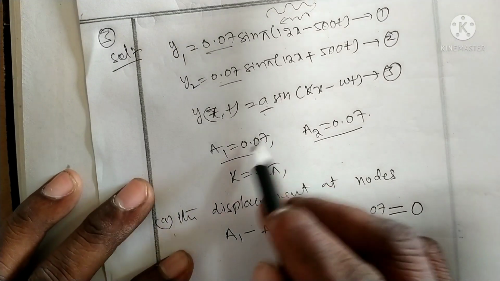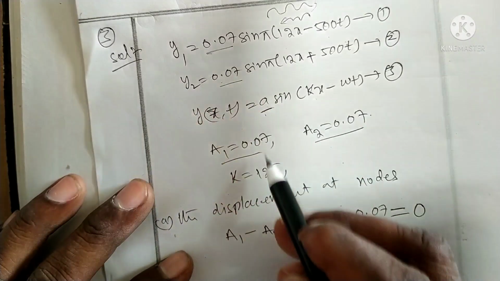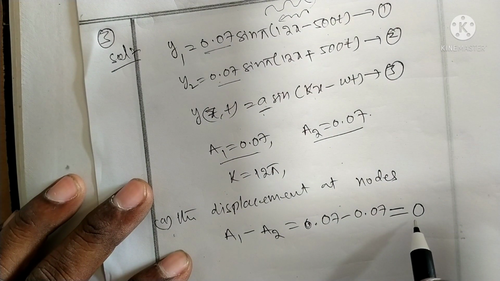There is no displacement, since the amplitudes are the same, so you get zero displacement at nodes.